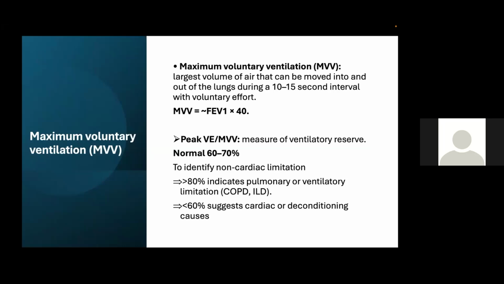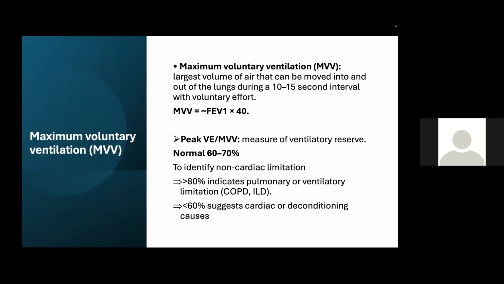The other important information is what we call maximum voluntary ventilation. It is defined as the largest volume of air that can be moved in and out of the lung during a short period, 10 to 15 seconds.